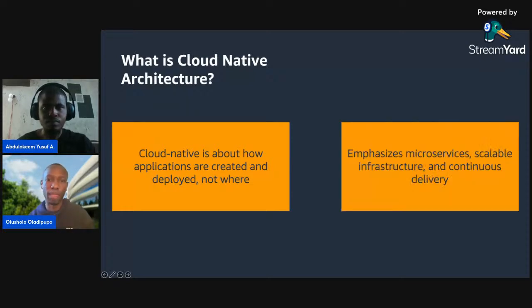And secondly, cloud native also emphasizes microservices, scalable infrastructure, and continuous delivery. Now, for microservices, because I know that some of you might be at a beginner or intermediate level, or you might be watching this later on and you're at a beginner level, let me try to explain microservices a bit.